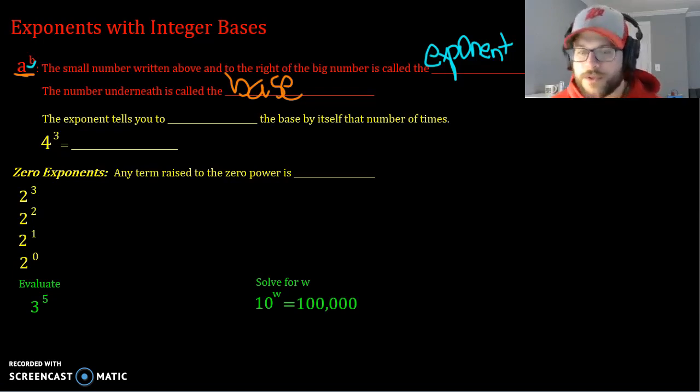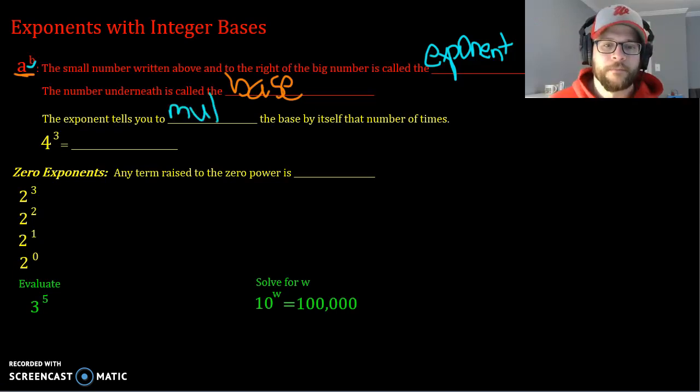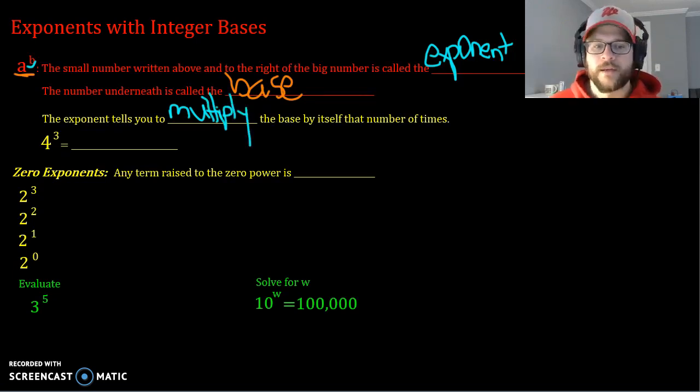Now these two numbers interact with each other in a way where the exponent is going to tell you to multiply the base by itself that number of times. So back to this one, the b tells you how many times you're multiplying, and then the a is the thing that is being multiplied by itself.